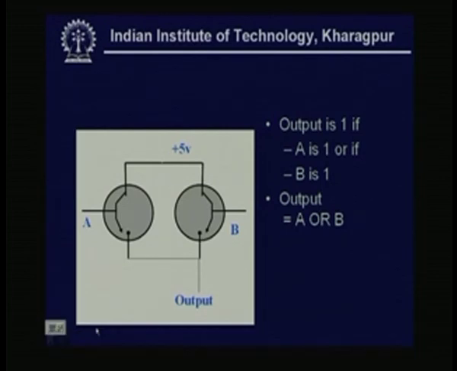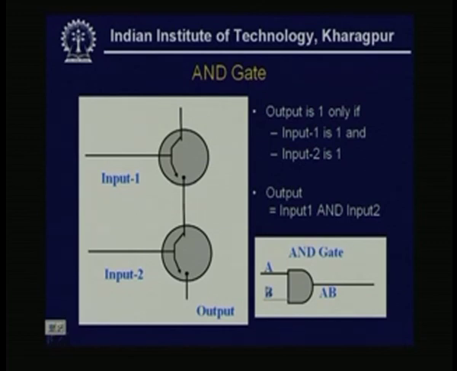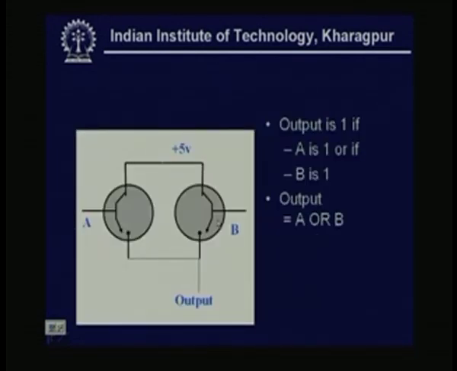See that in previous cases we can tell these are in series connection, the two switches as if they were connected in this way. Now, here they are connected in parallel.